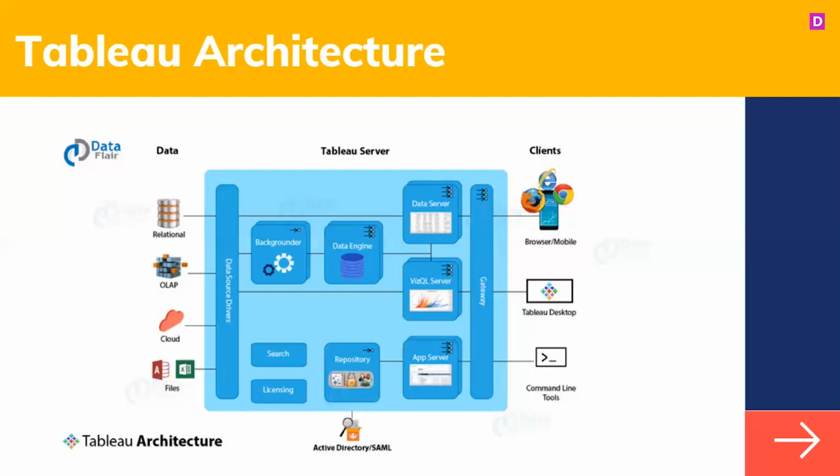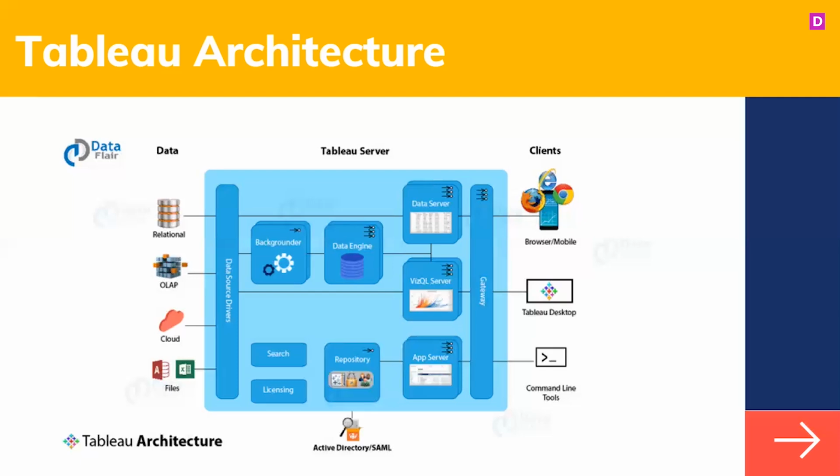And we have a data engine. Data engine will address all the activities related to your data extraction, Tableau's data extraction. This will play a role whenever you have a query that involves extraction procedures.